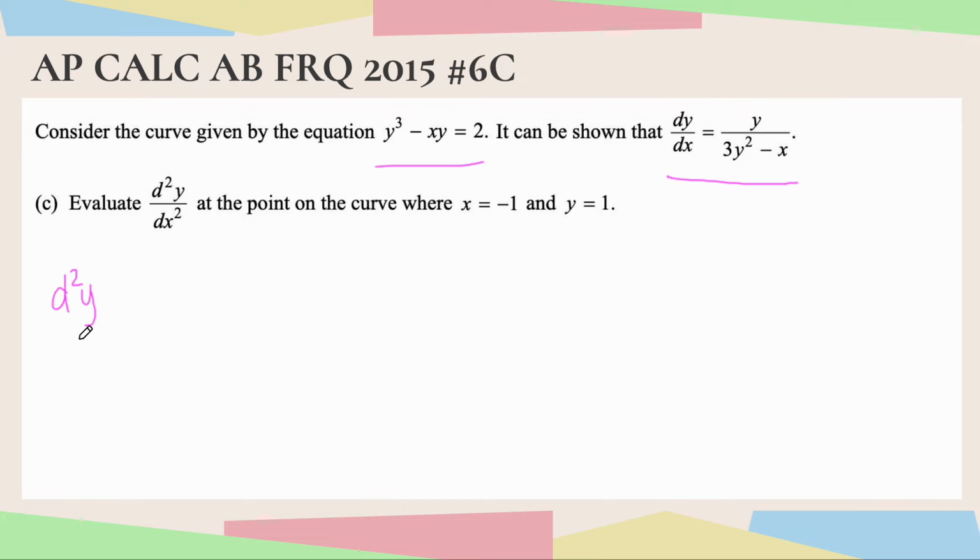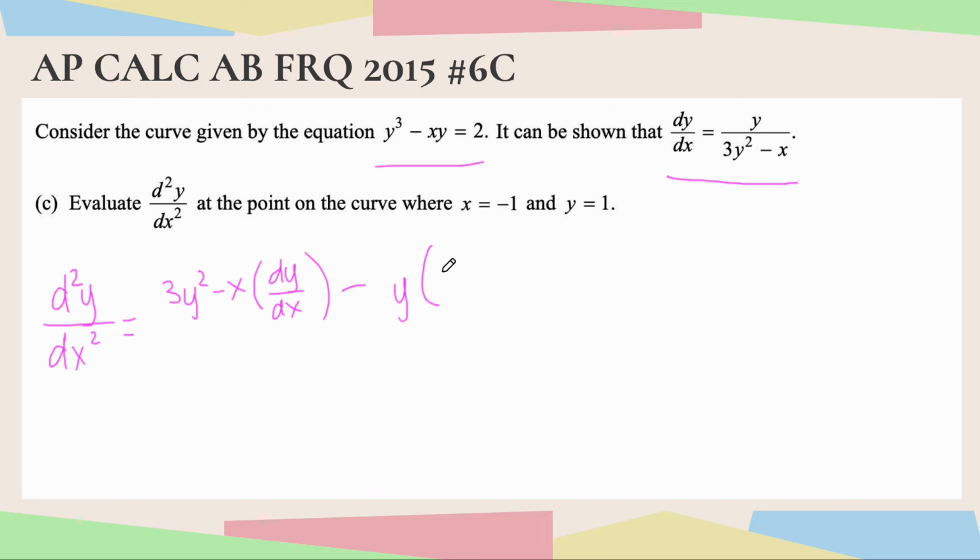So d squared y over dx squared equals. Now we have to use the quotient rule here. So we are going to do our denominator, which is 3y squared minus x, times the derivative of our numerator, which is simply dy/dx, using implicit differentiation, minus our numerator times the derivative of our denominator.